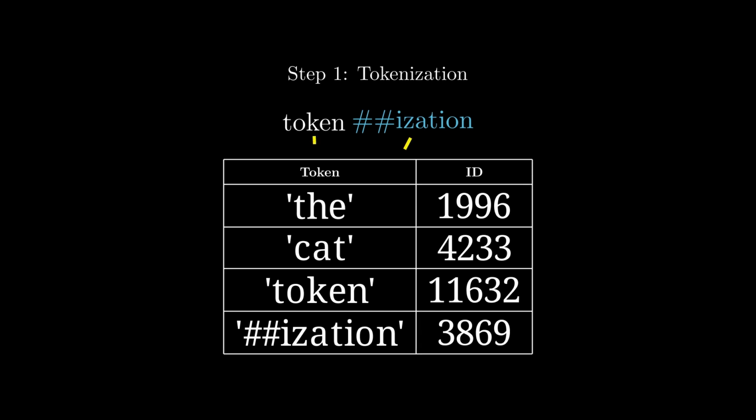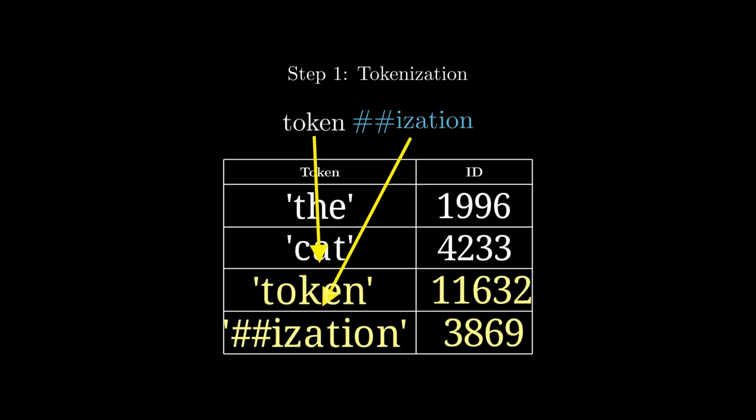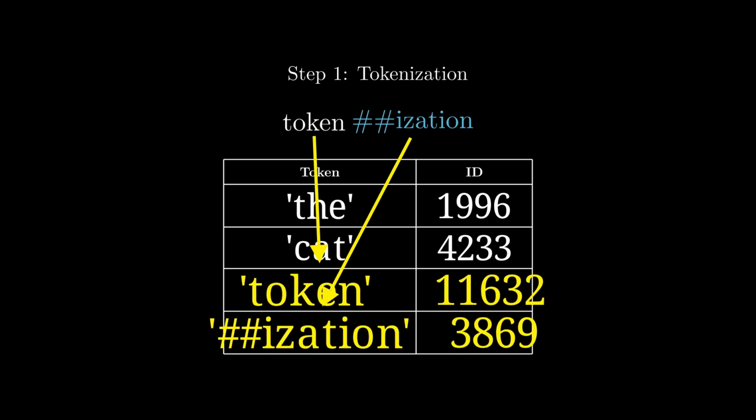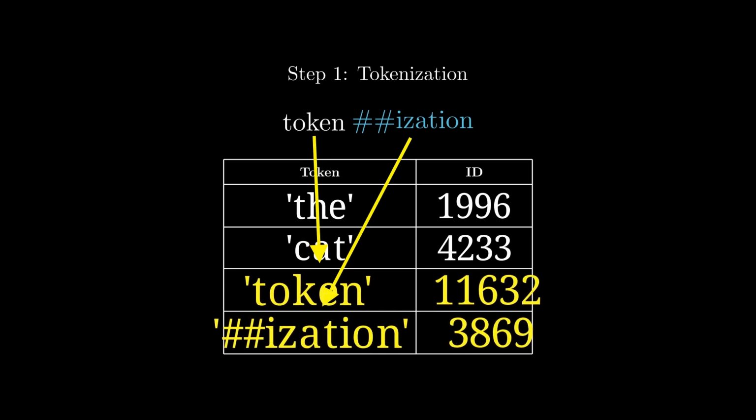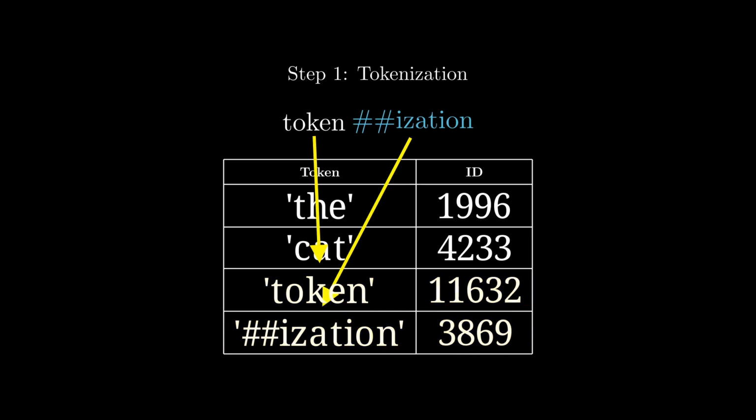So, the tokenization process concludes by looking up each token from our text in this vocabulary and replacing it with its corresponding ID. The token might be assigned ID 11,632, and the subword ##ization might be ID 3,869. So, the word tokenization is transformed from a string of characters into a sequence of two integers.